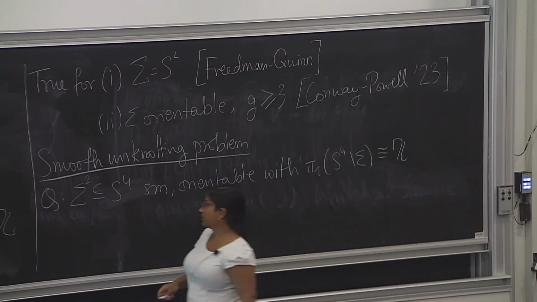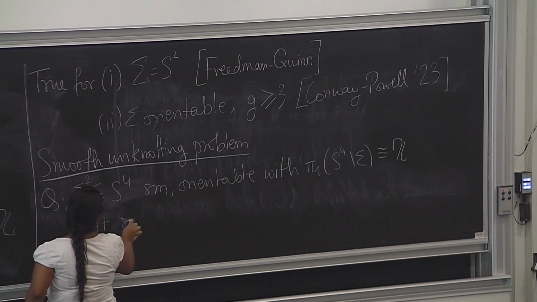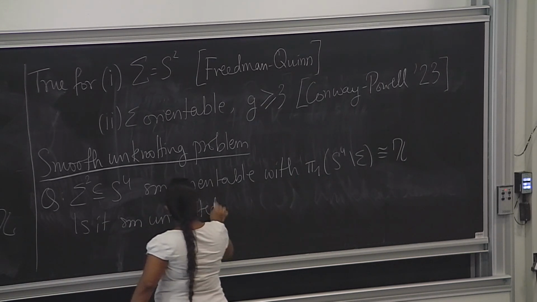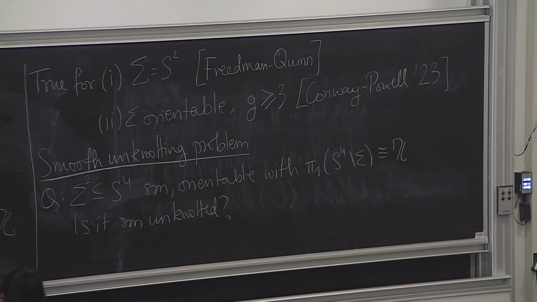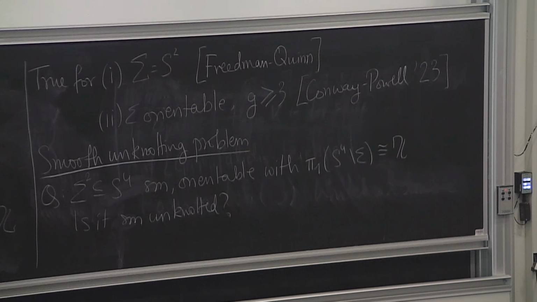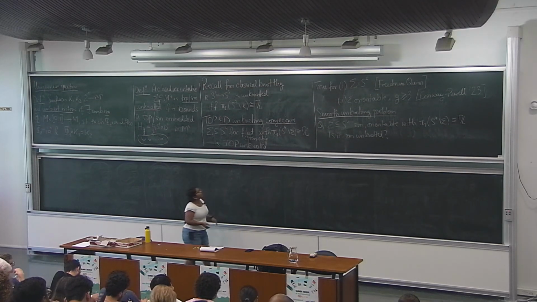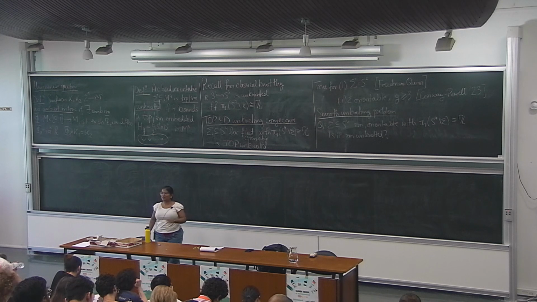Is this unknotted? Smoothly unknotted? And in that case, the orientable question is just completely open. We have no idea. We have nothing.